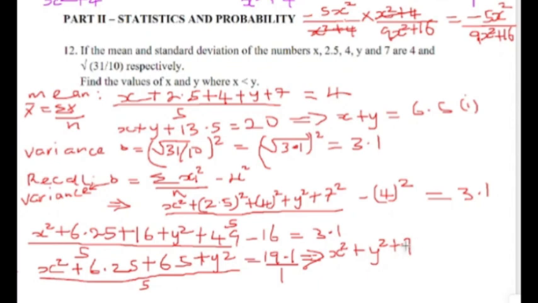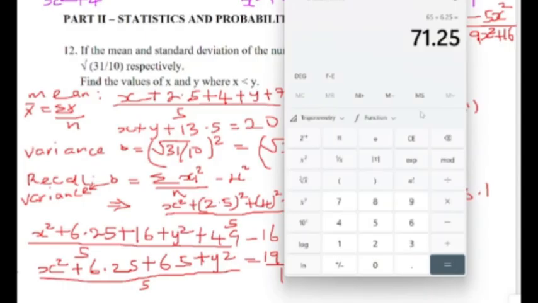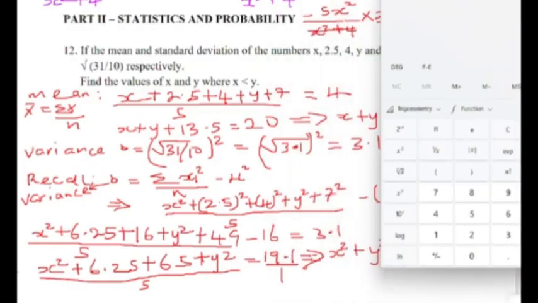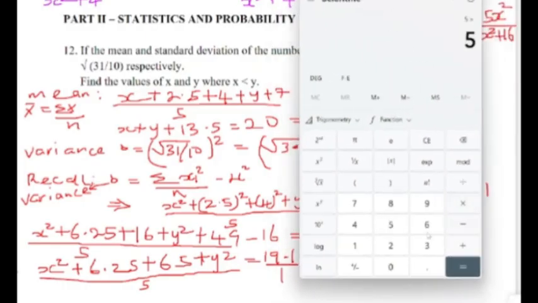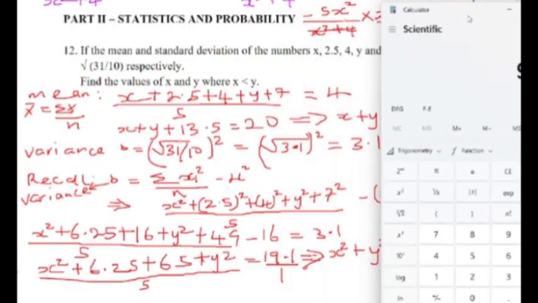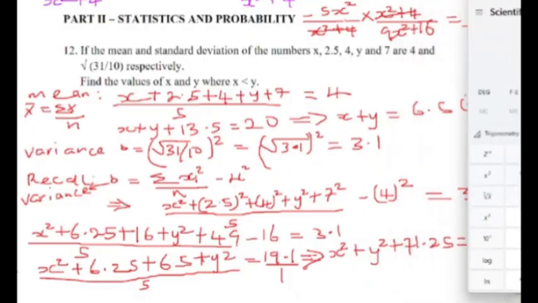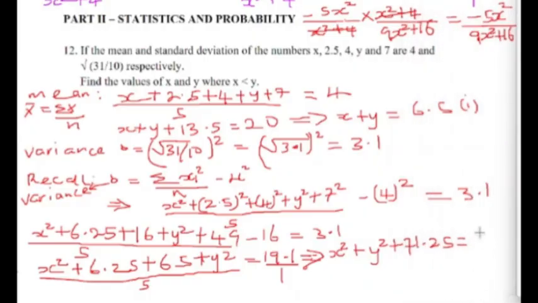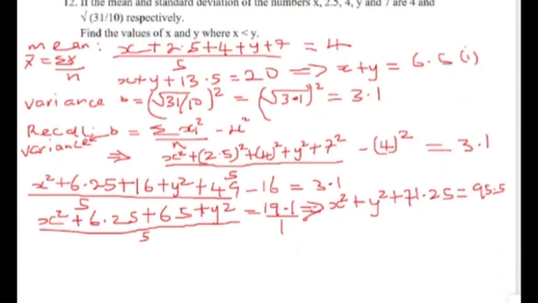So we'll have 71.25 is equal to, then let's do the multiplication: 5 times 19.1. This gives us 95.5. So this is 95.5. Keep it aside.